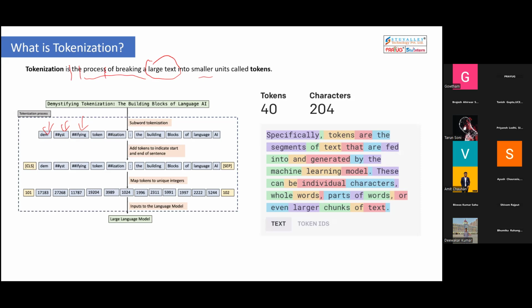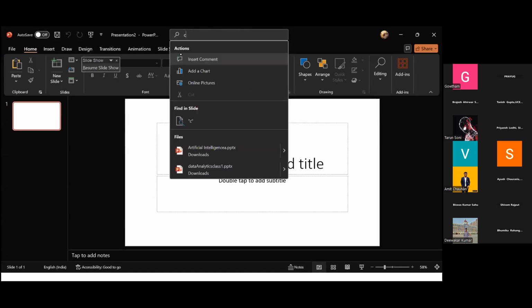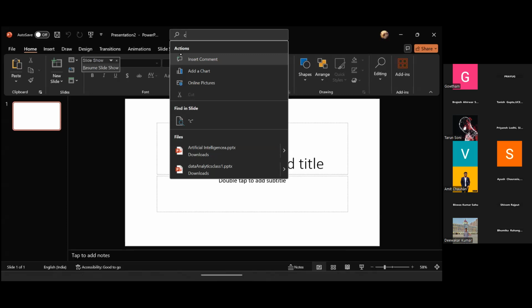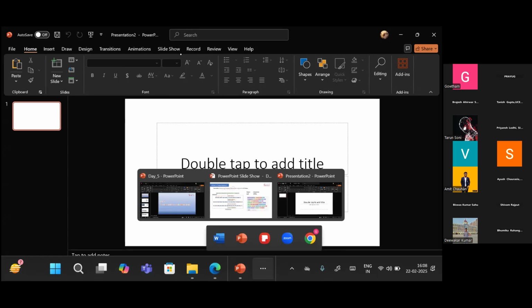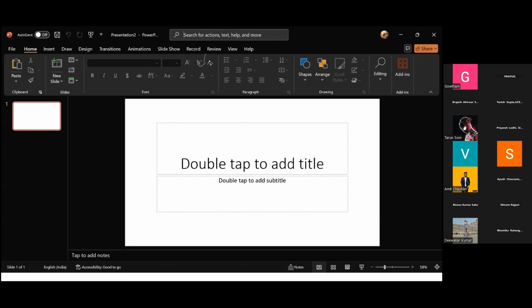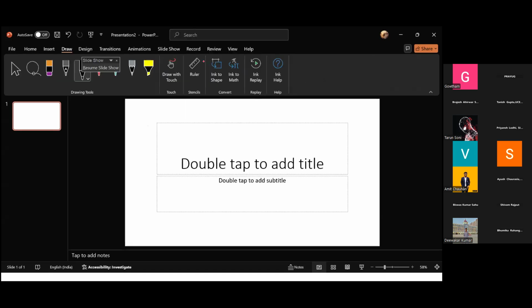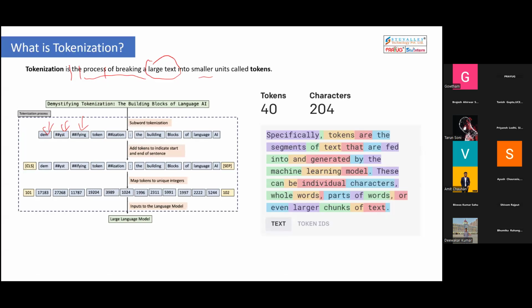Here it is a large text, broken into small units.